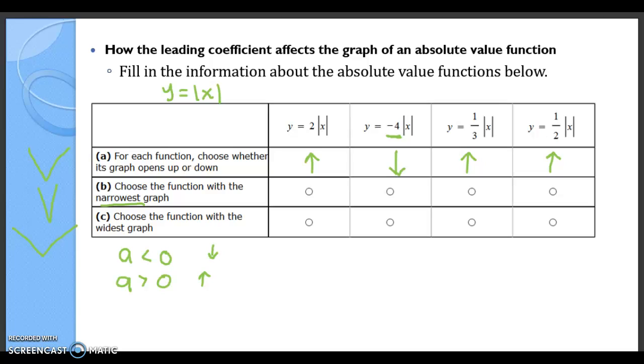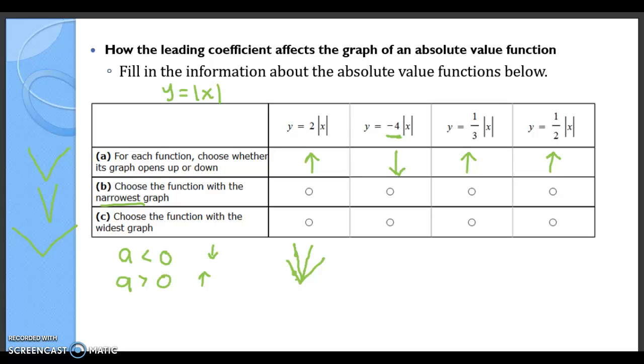Okay, each of my outputs is getting multiplied by 2. So if my output was, on the absolute value graph, 1, now I multiply that by 2 and it becomes 2 up here. So I'm going to end up getting this skinnier v. The bigger the number, the more it's going to stretch.